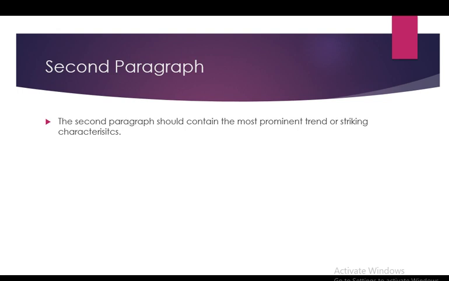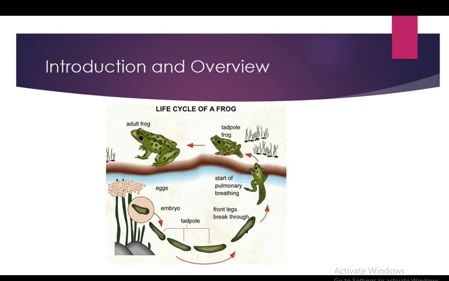Then comes the second paragraph. The second paragraph should contain the most prominent trend or striking characteristics. For example, if we're talking about this picture, the most prominent change is that the egg is transformed into an embryo. Then these 3 are usually the same, and then on the 5th stage the tadpole has legs and tails, and in the 7th stage it's an adult frog.